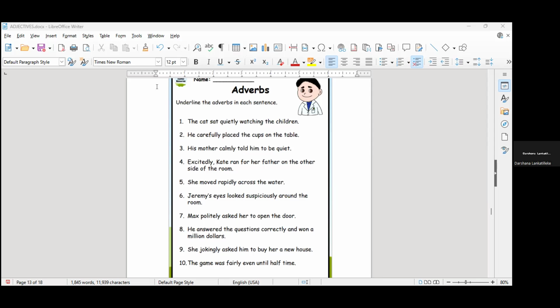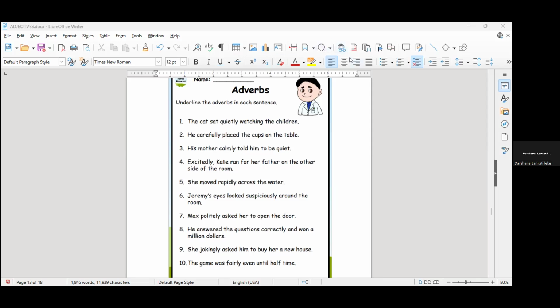Number 9, she jokingly asked him to buy her a new house. She jokingly asked. Asked is the verb. Asked how? Jokingly. So that is the adverb.